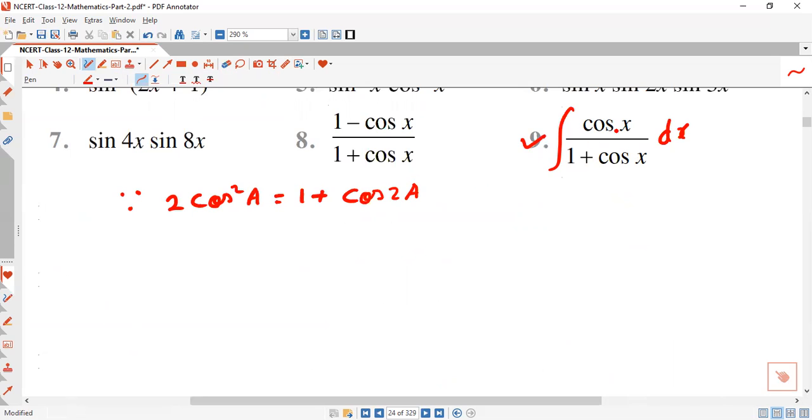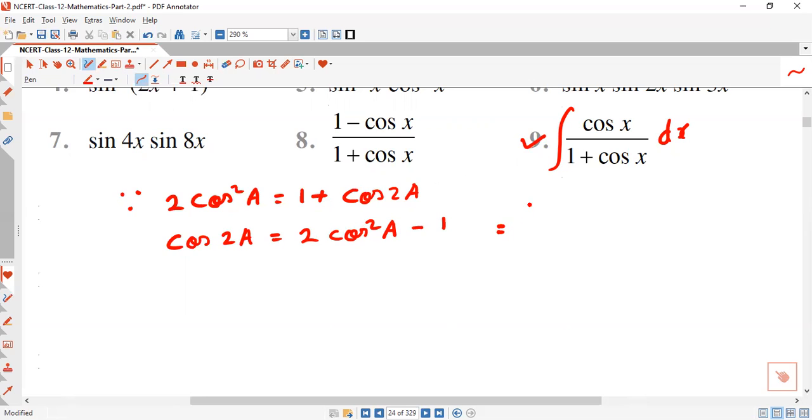Also we know the same formula another way, that cos 2a equals 2 cos square a minus 1. So we apply these two formulas here.